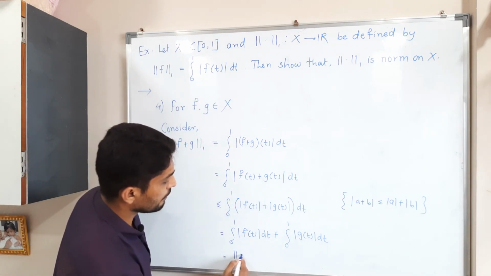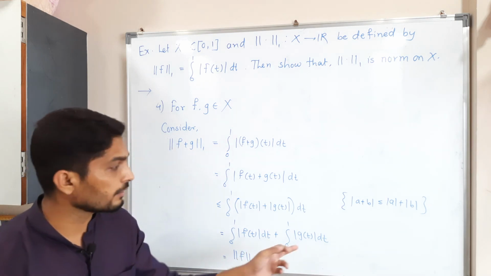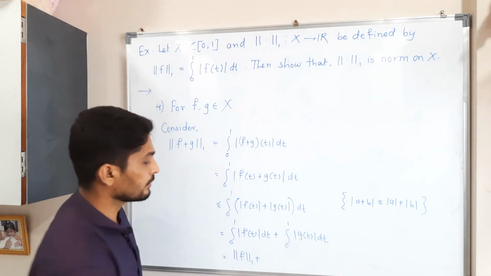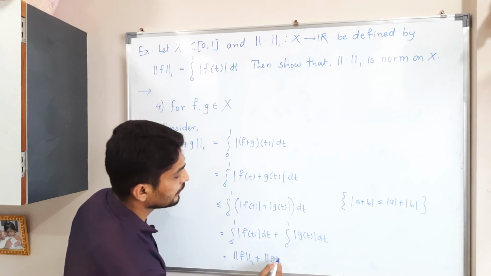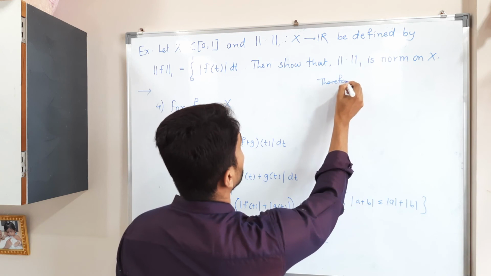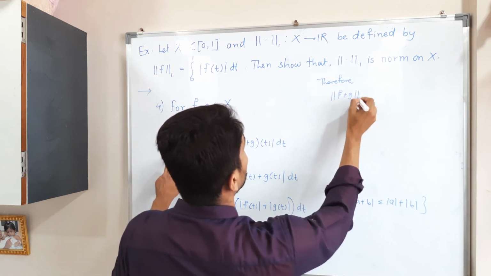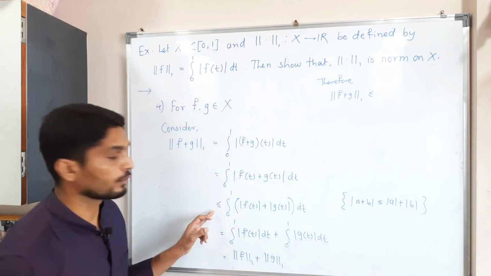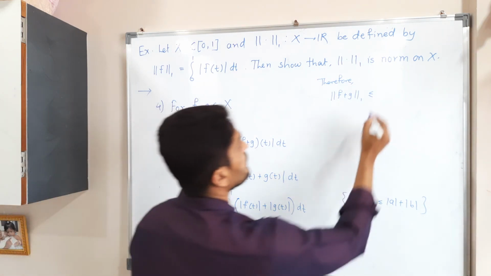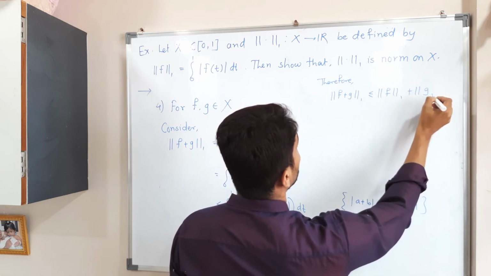So this is norm f1, and this is again the definition of norm 1, but here we have the function g, so that's why I'm writing norm g1. Therefore I'm concluding now. We started with norm of f plus g, got less than or equal to, and finally we have got norm f1 plus norm g1.